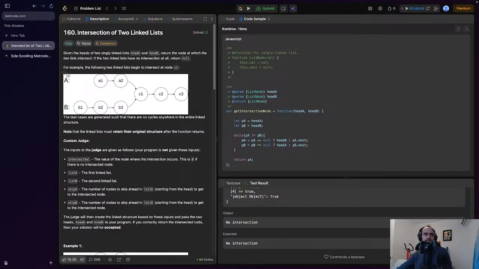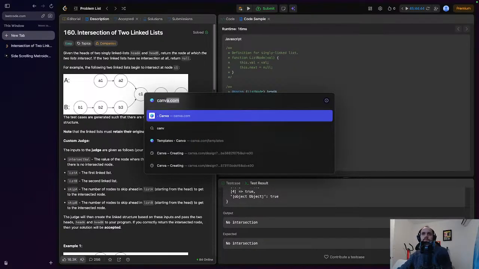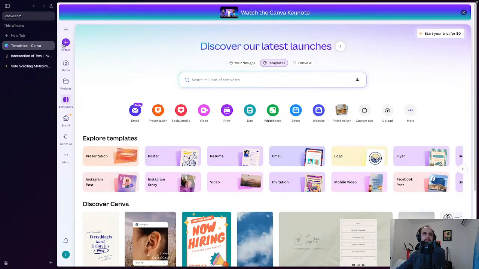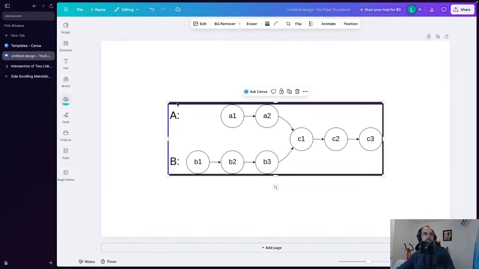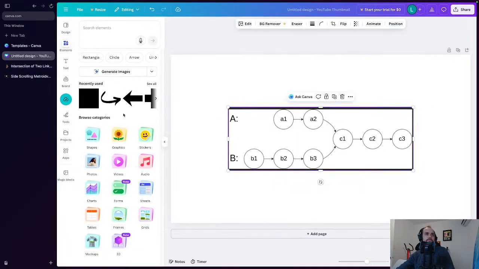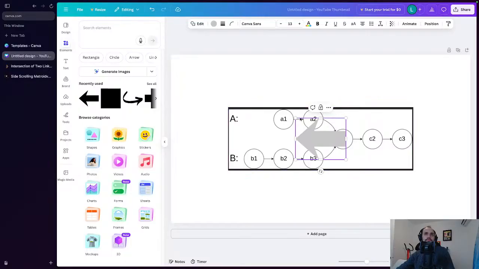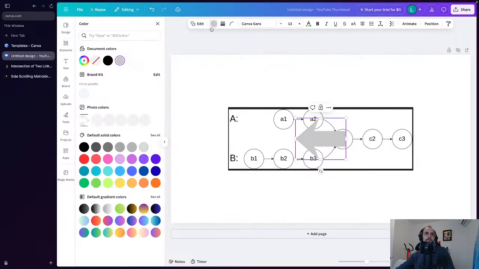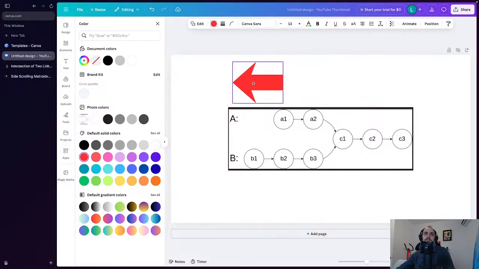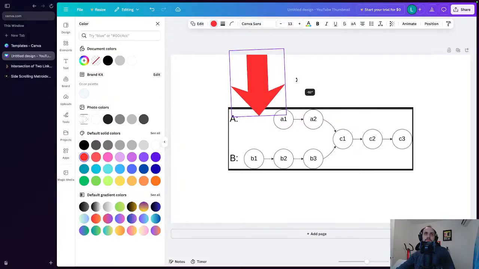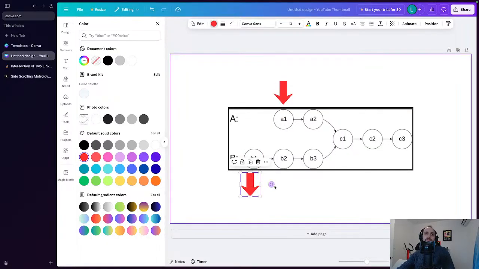Take a screenshot, circle it in red. Rotate it. Okay, so I'm gonna rotate this one too.